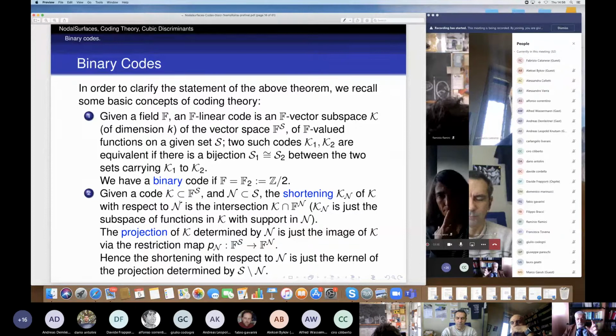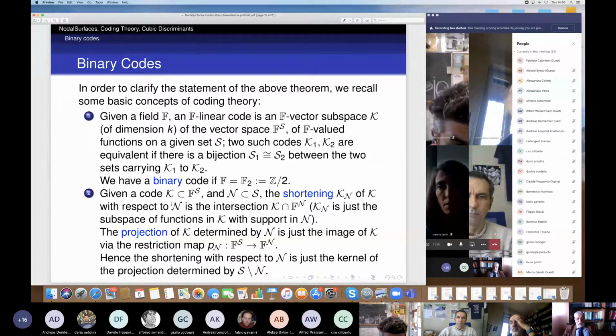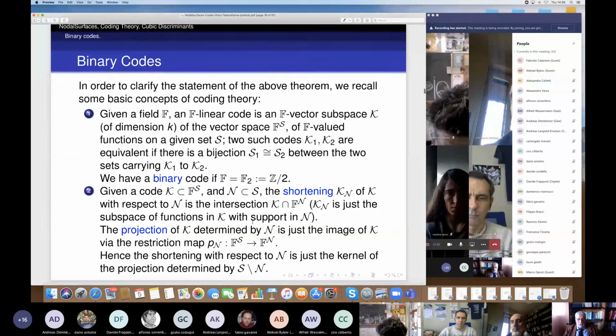Now we come to the important but easy concept. Given a code, I take a subset n of the set where these functions are defined, and the shortening with respect to n is just the subspace of functions with support in n. So it's K intersected F to the n.